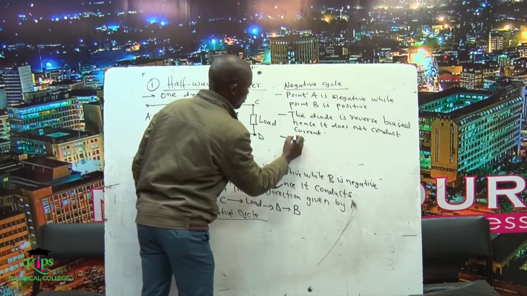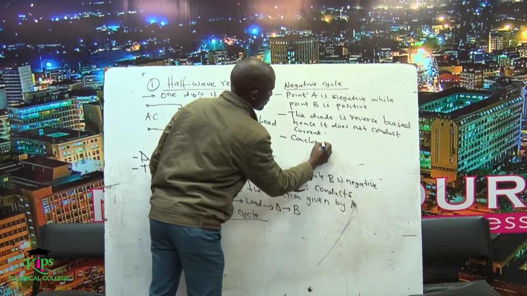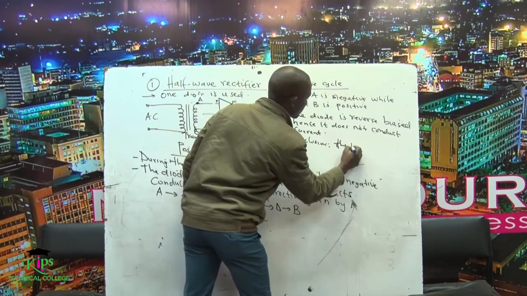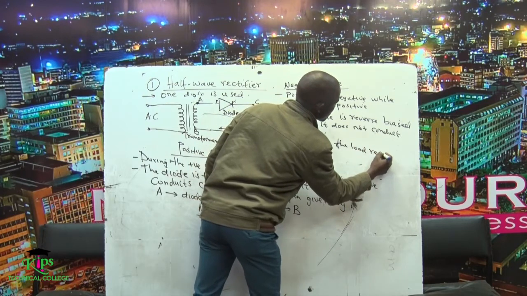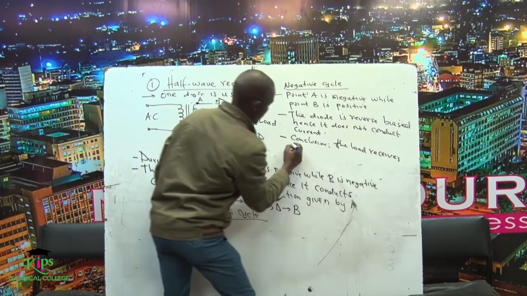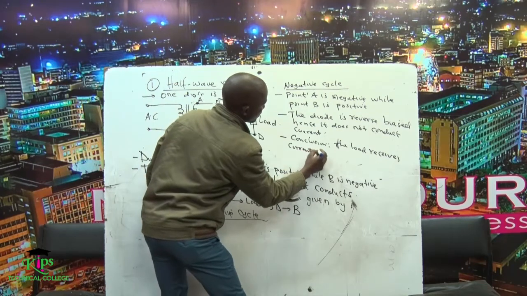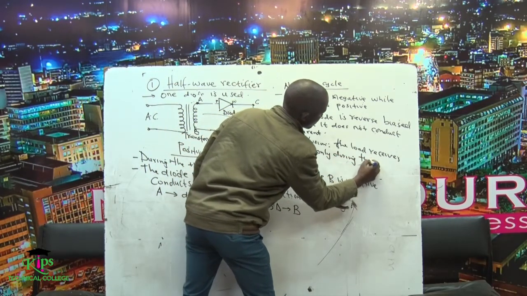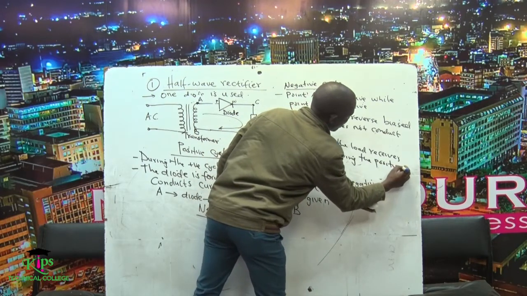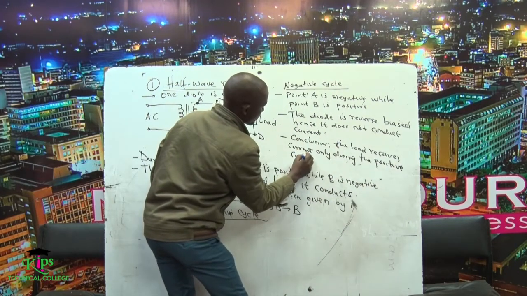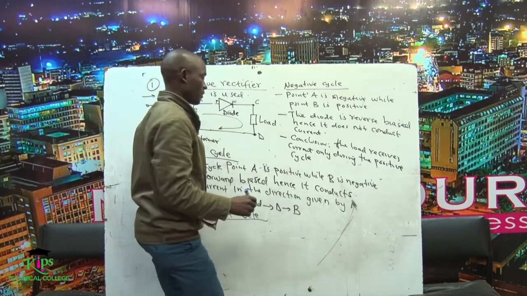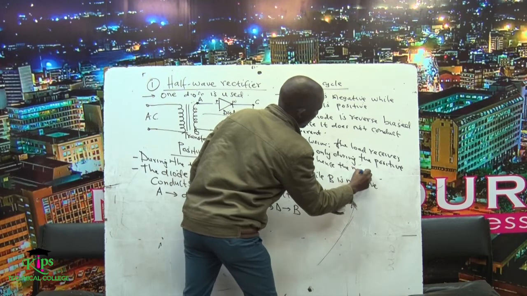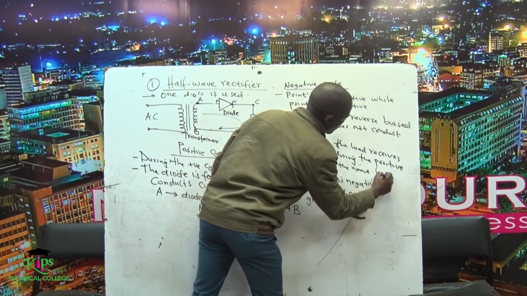And that can be the conclusion. The load receives current only during the positive cycle, hence the name half wave.